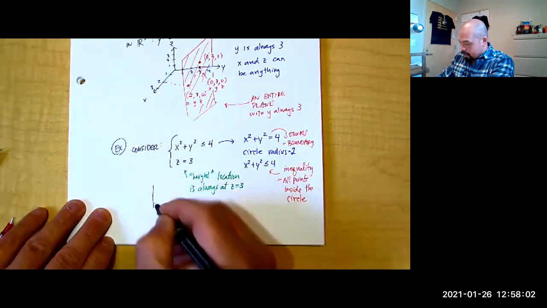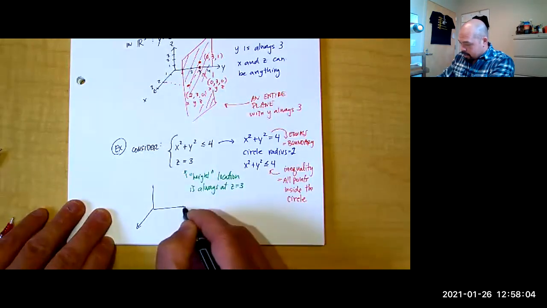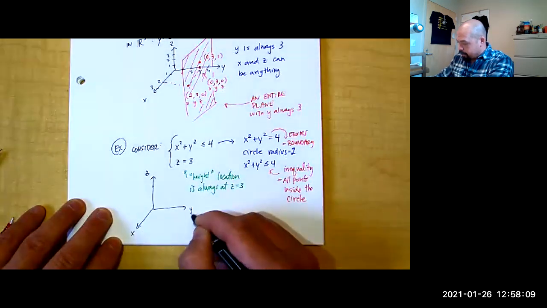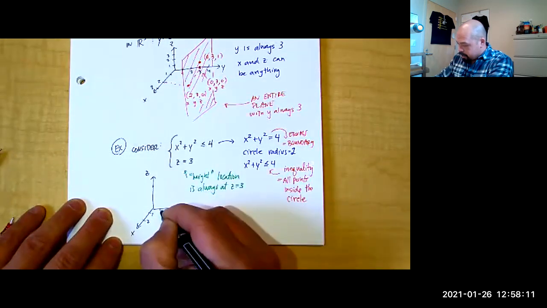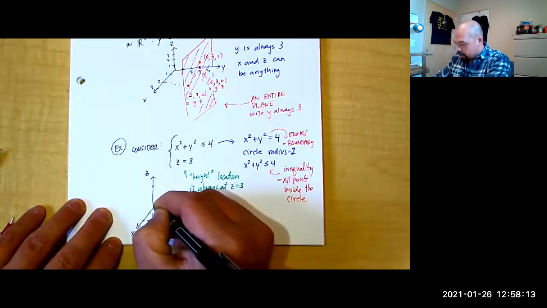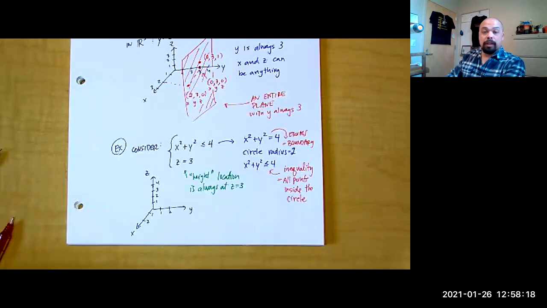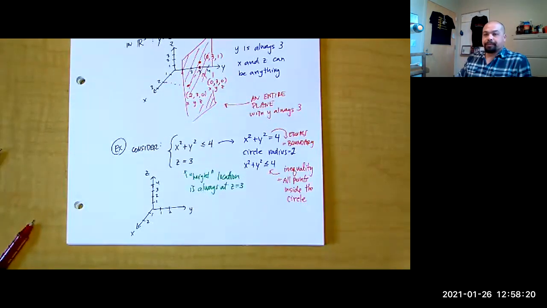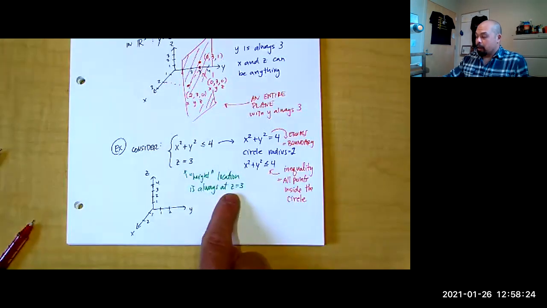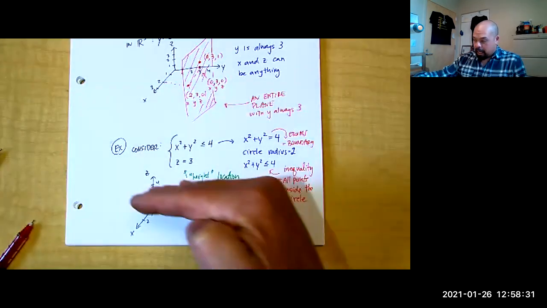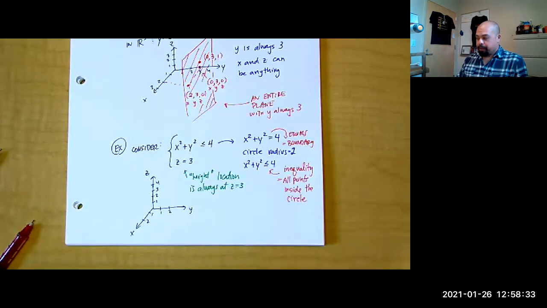But with that said, as we start to incorporate our work in graphing, and we can do the negative side as well, what we're going to start to identify is that all of our points stay at z equals positive 3. So we're going to be up in this region, level with that z equals 3.